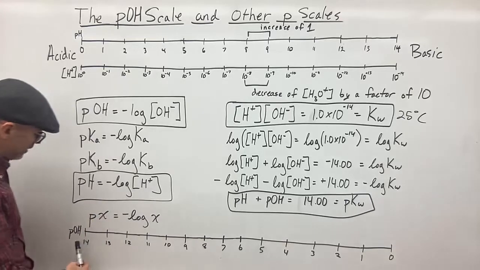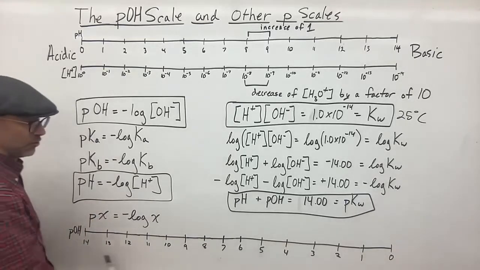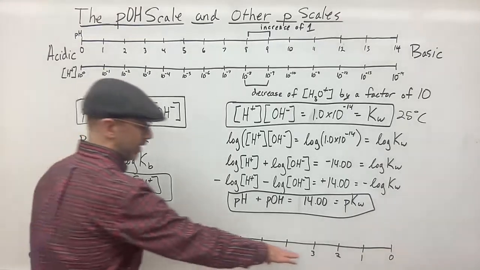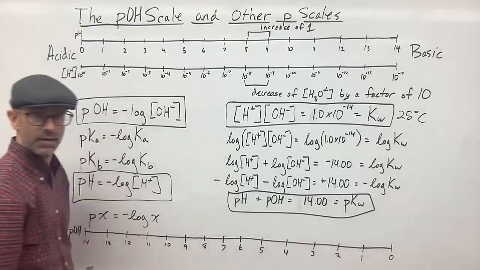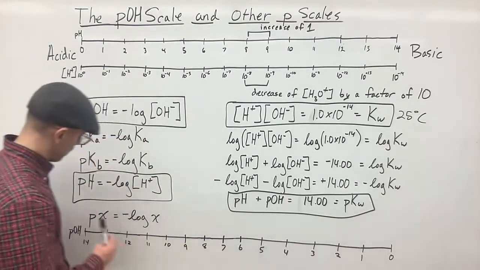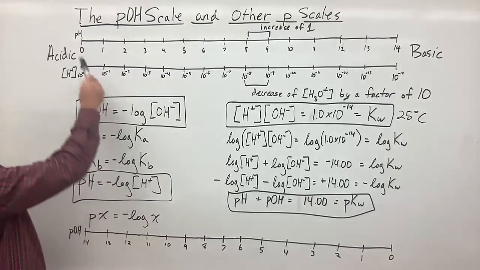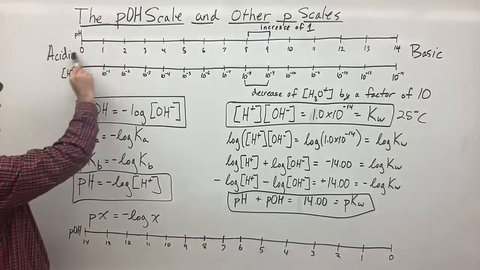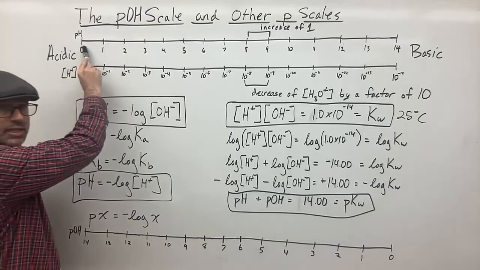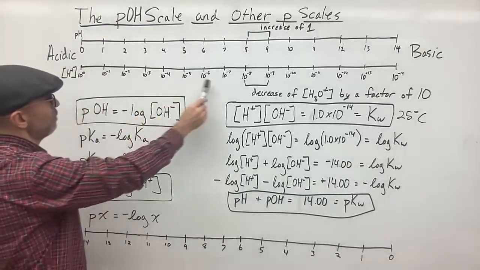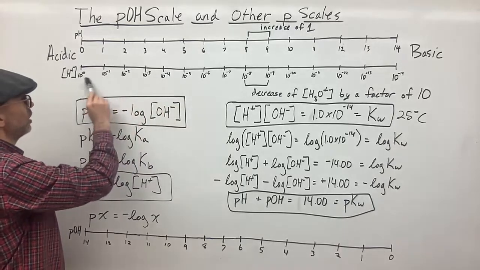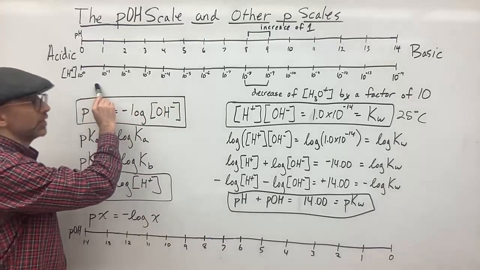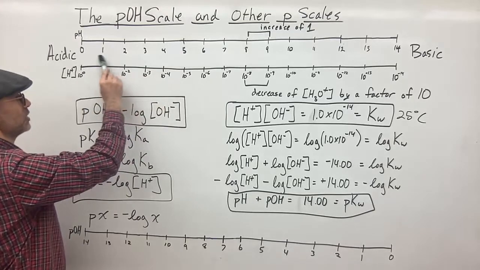So that's what I have down here. Excuse me, it's kind of on a decline here. It's not that straight, my apologies. So bear with me. You'll notice at the acidic end, we have a pH of 0. So remember, if you are increasing the amount of H plus concentration, your pH is decreasing.